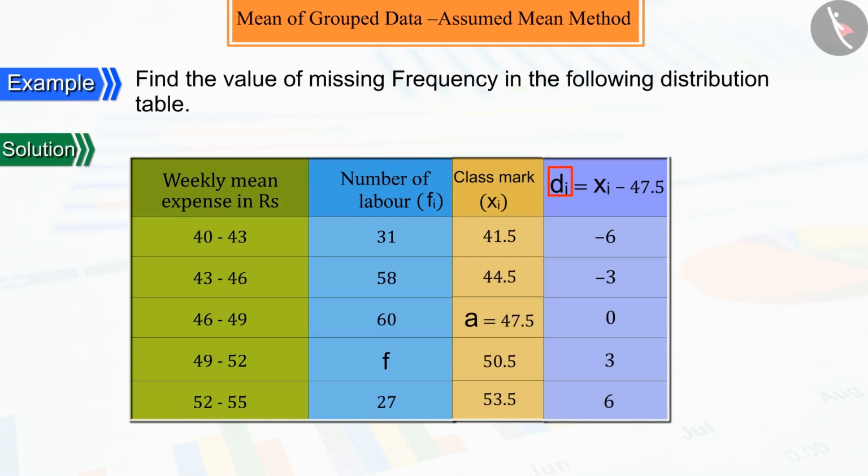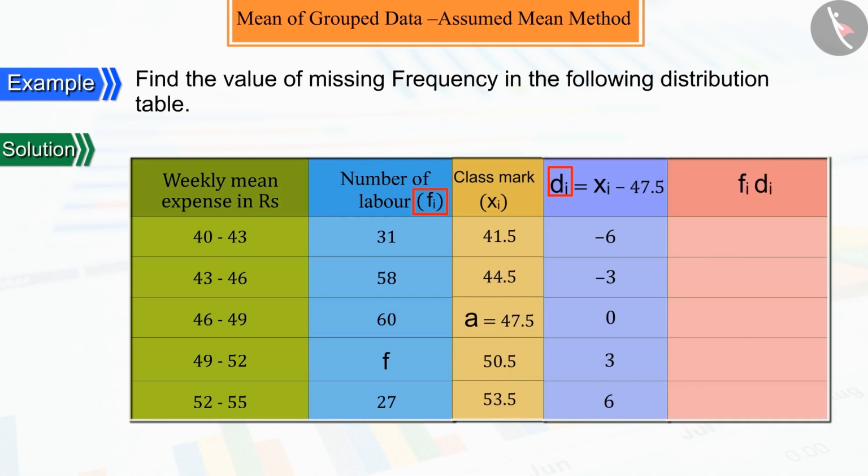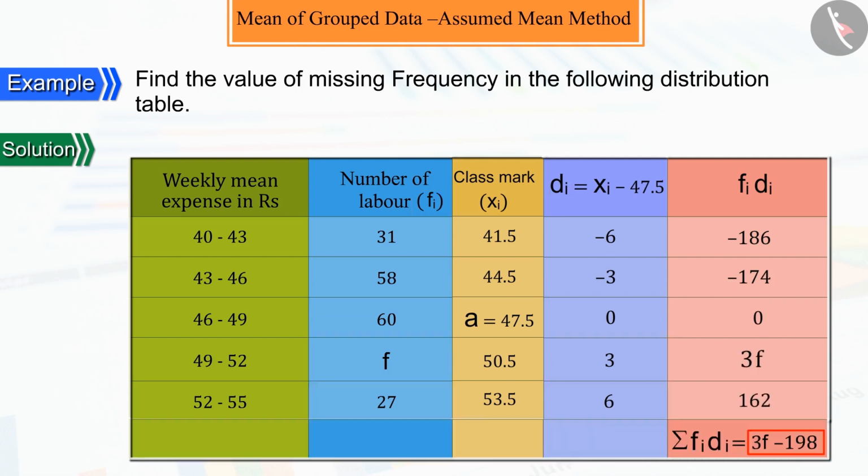So we multiply each di by its corresponding frequency fi and get their sum equal to 3f minus 198. While the sum of corresponding frequencies is obtained as 176 plus f.